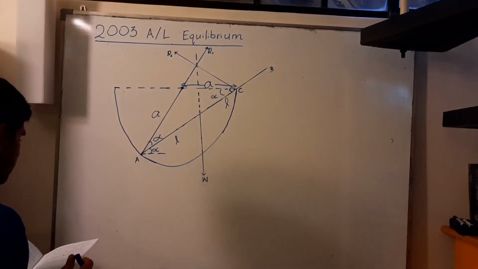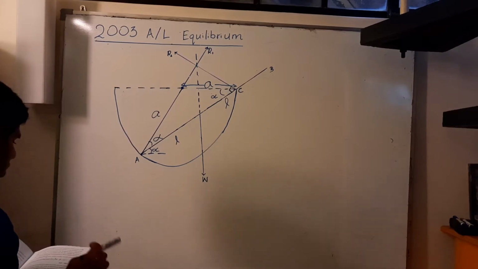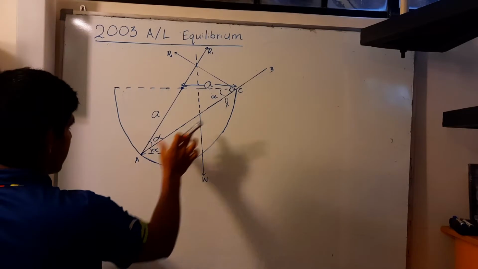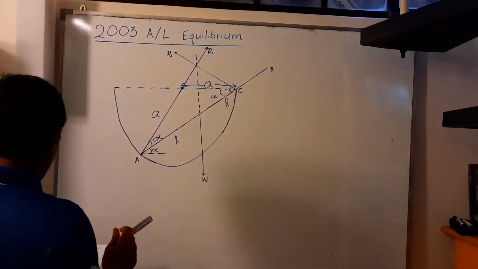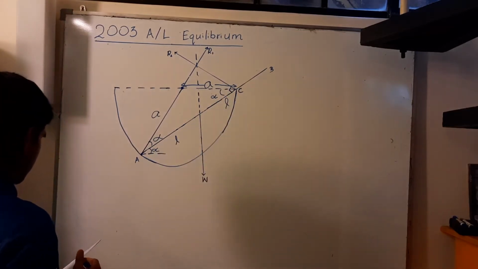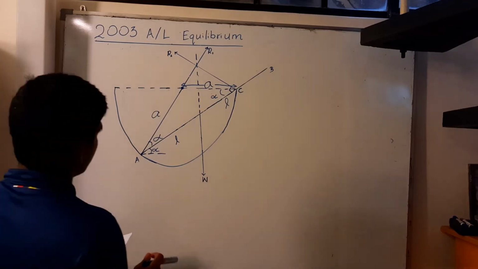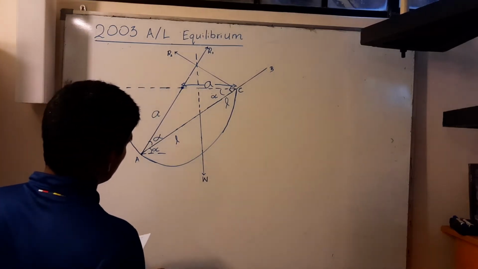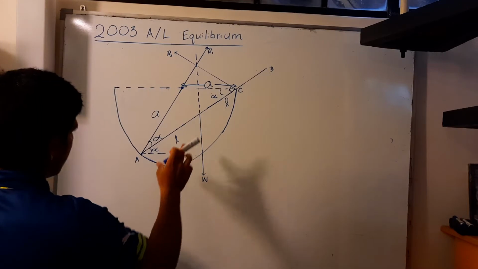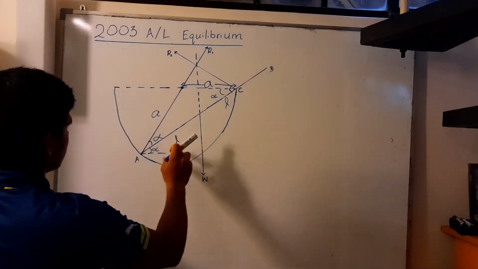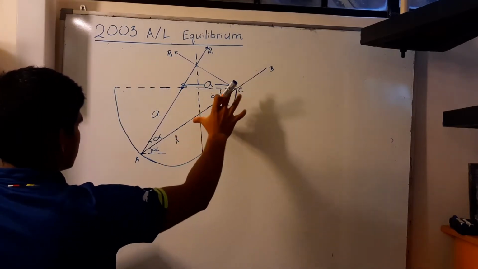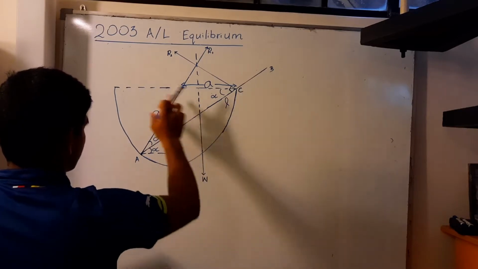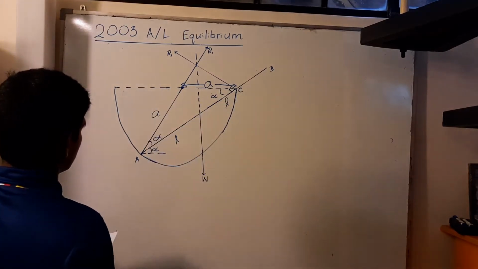And then they say a smooth uniform rod AB of weight W. So this is the rod AB, and they say that AB is of length 2L and that is greater than 2A. When they say it's greater than 2A, we can understand that the length is going to be greater than the diameter of the hemisphere.